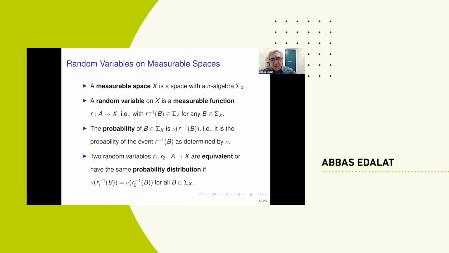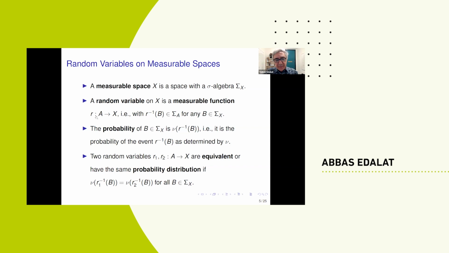So what's a random variable? A measurable space X is a space with a sigma algebra, a set of distinguished events, subsets of the space. And a random variable on X is a measurable function R from the sample space A. So A is one of the canonical sample spaces that I presented in the previous slide.